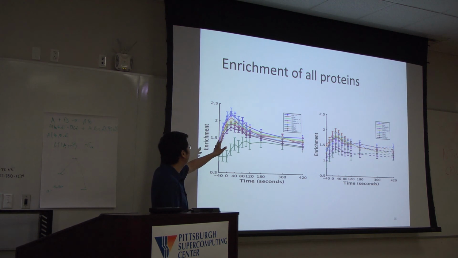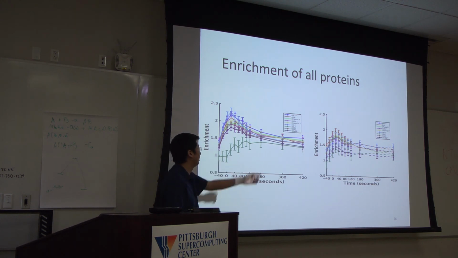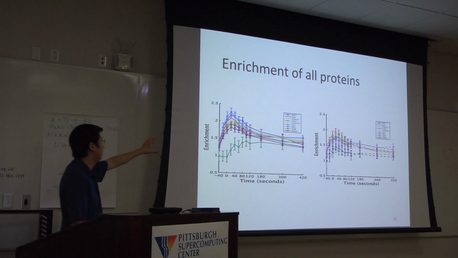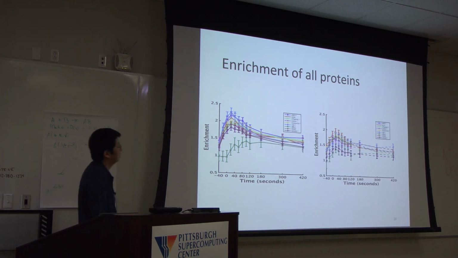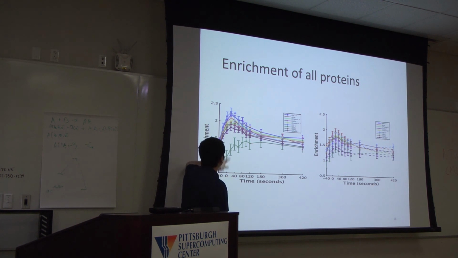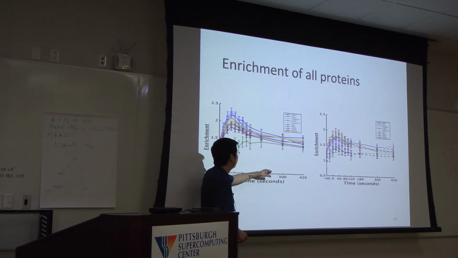The left one are the enrichment plots for the stimulus condition, and the right one is for the blocked condition. And we see for different proteins, their enrichment are different. But for most of them, they will have a peak at around 0, which is the synapse formation, and then they will go down at a later stage.